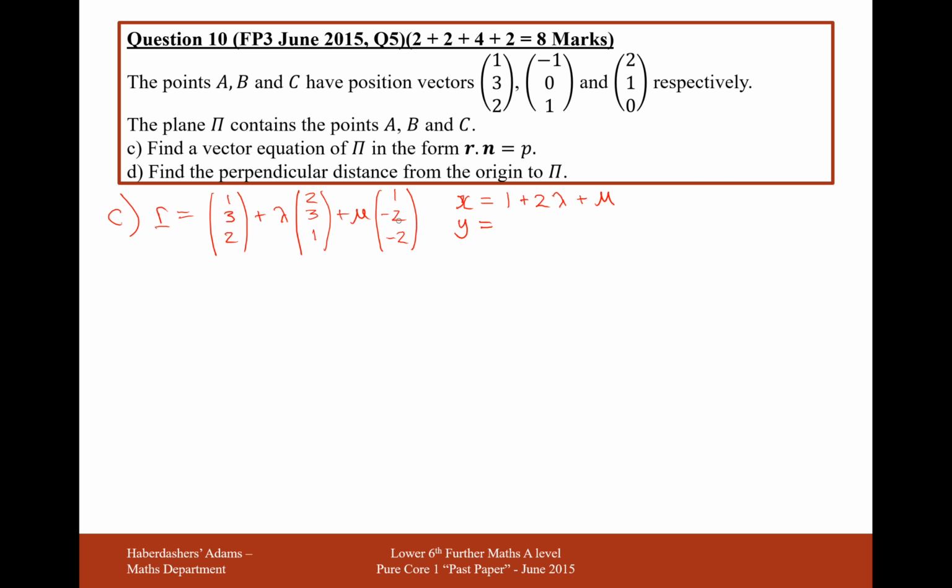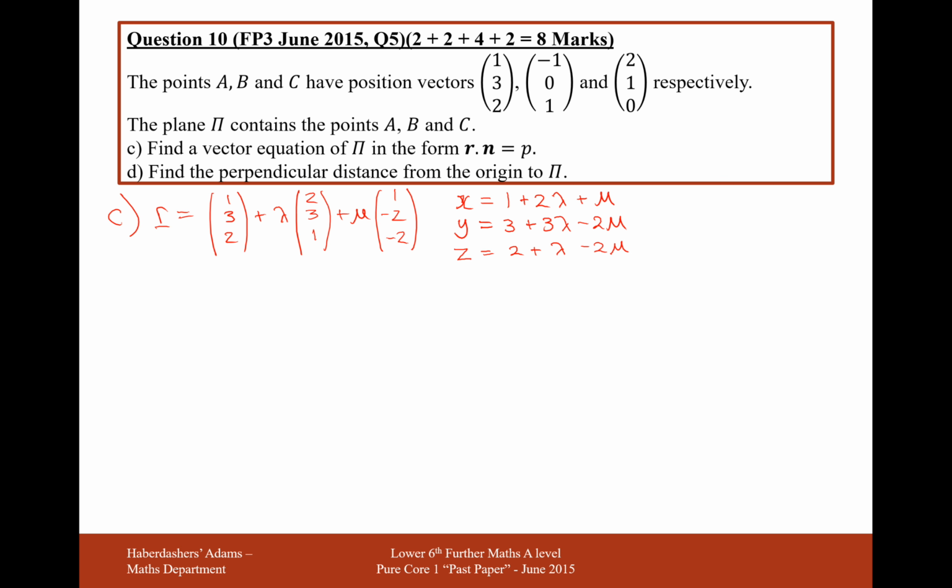The y-coordinate is calculated with these middle values, so we're going to get 3 plus 3 lambda minus 2 mu. And for this one here, we're going to get z equals 2 plus lambda minus 2 mu.